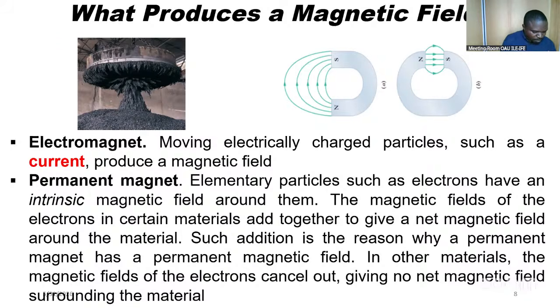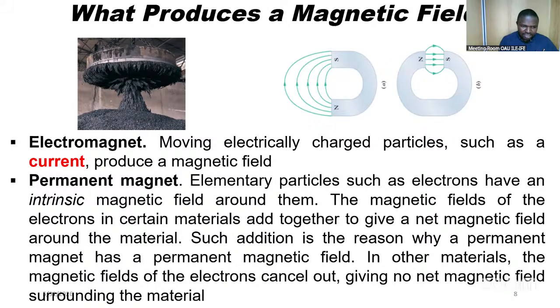So now, because an electric field is produced by electric charge, we might be expecting that a magnetic field is also produced by magnetic charge. No, in the case of a magnetic field, it is not produced by magnetic charge. Although individual magnetic charges called magnetic monopoles are predicted by certain theories, their existence has not been confirmed. So let's just stick to what has been confirmed.